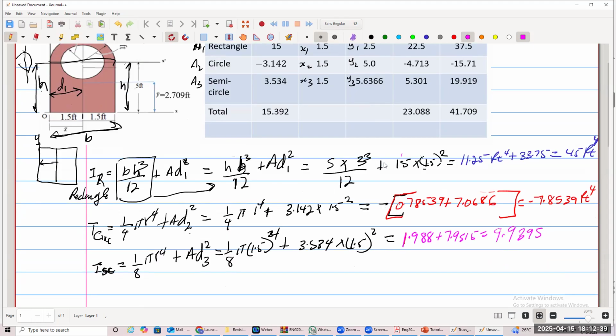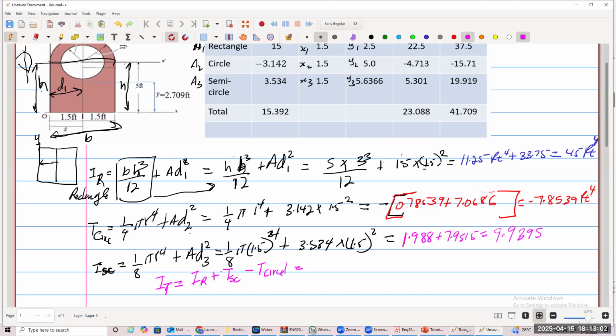Right. And then now, the total inertia is going to be equal to IR plus ITSC minus I circle.